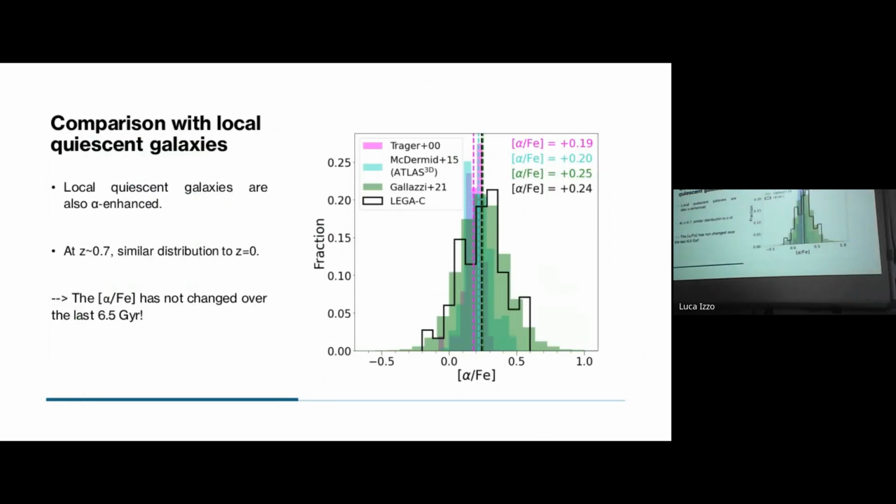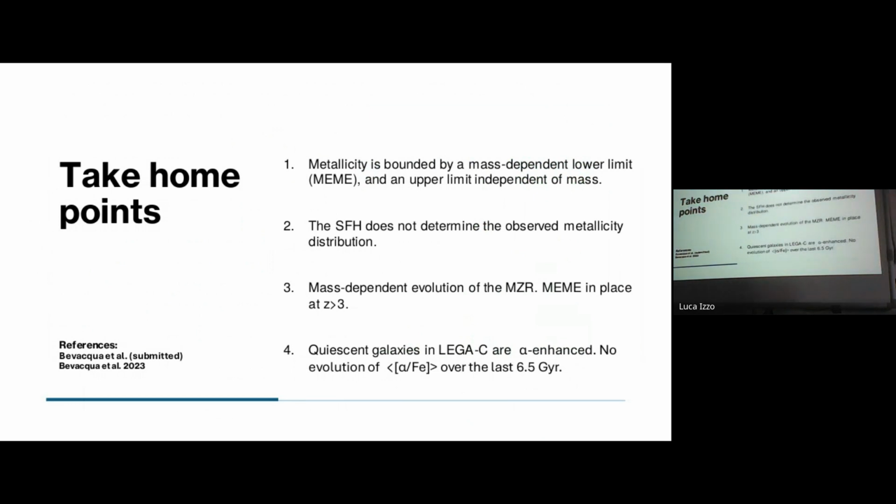And also very interesting, we compared our sample of LEGA-C galaxies at redshift 0.7 with local observations, and you can see that the average alpha over iron is pretty much the same, which is telling us that essentially the alpha over iron abundance has not changed over the last 6.5 gigayears. And yeah, this is the last take-home message. Quiescent galaxies at intermediate redshift are alpha enhanced, and there is no evidence of evolution over the last 7.5 gigayears.